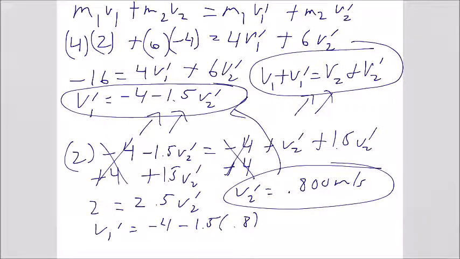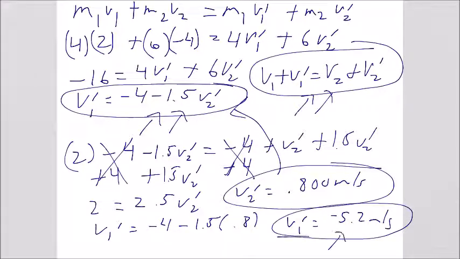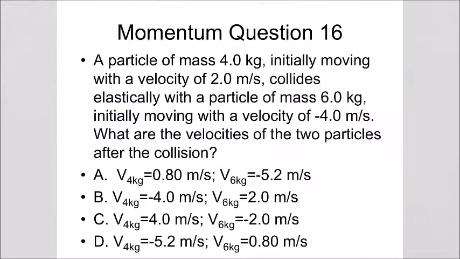Solve that down, and we end up with a v1 prime answer of negative 5.2 meters per second. So this is our final velocity of object 1, and this is our final velocity of object 2. If we go back to the actual problem, it looks like our final answer here was D.